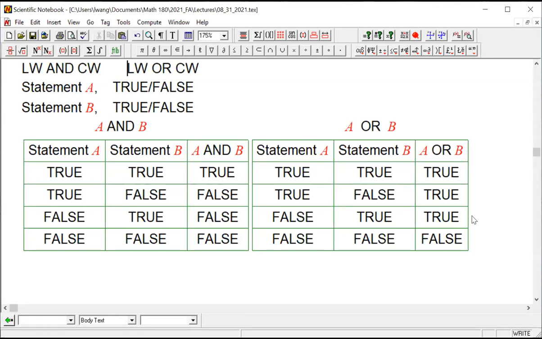And vice versa. You really have to think about it because you have quizzes on these. We're building foundations. Okay, so true or false is true. True and false is false. You guys with me?